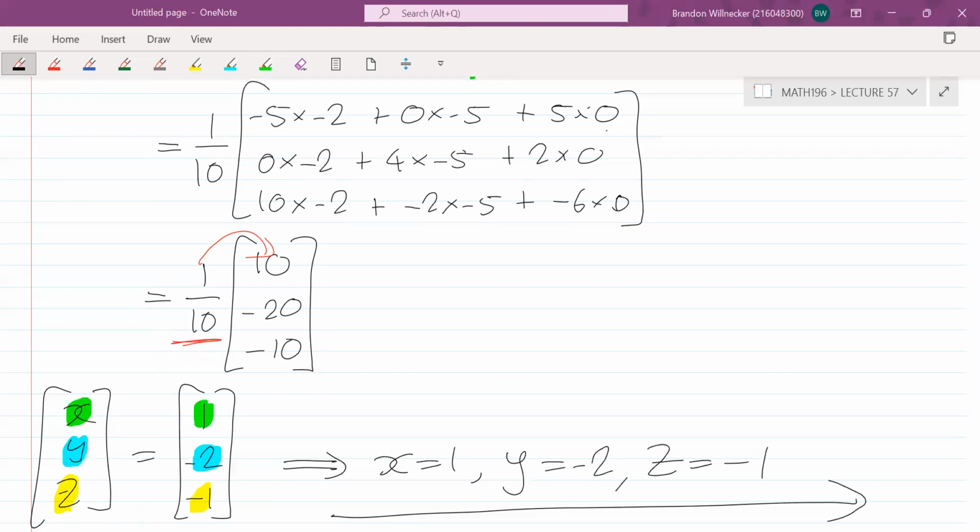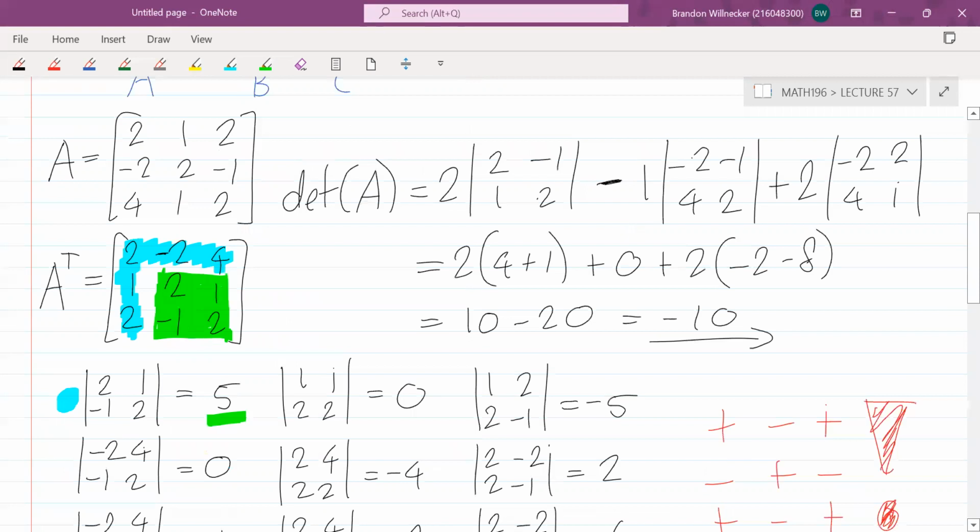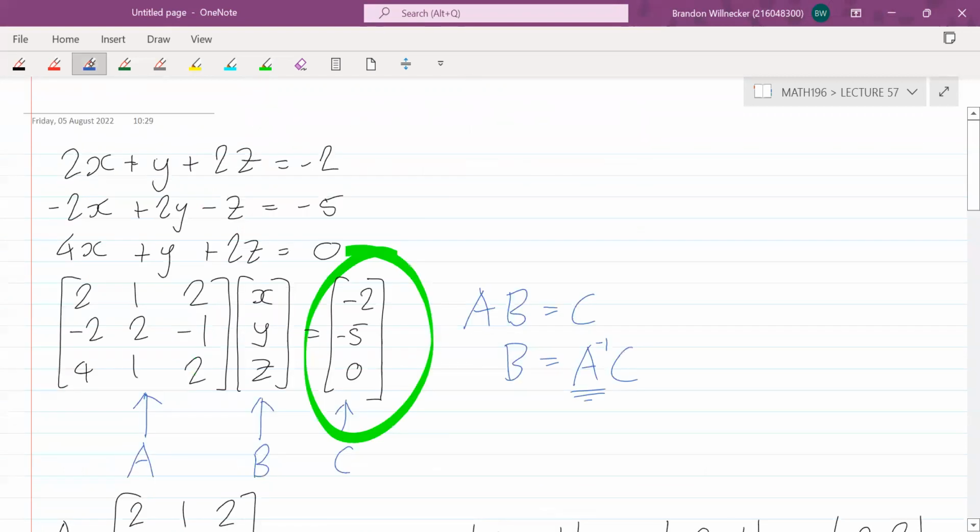Okay, are there any questions about this example? Okay, so let's just go over those steps one more time so we can just number them. So the first thing that we need to do is write it as a matrix equation.